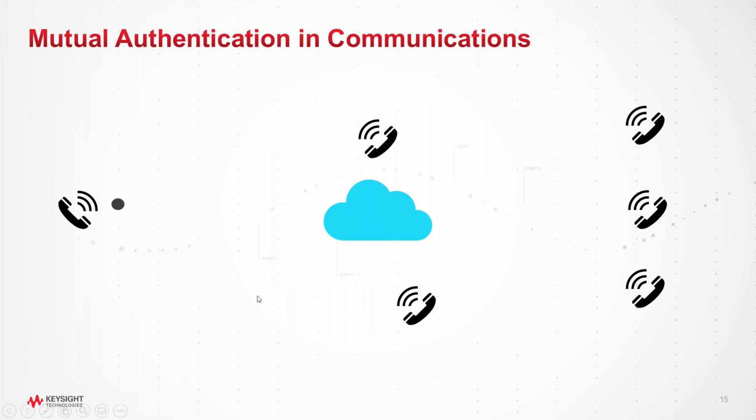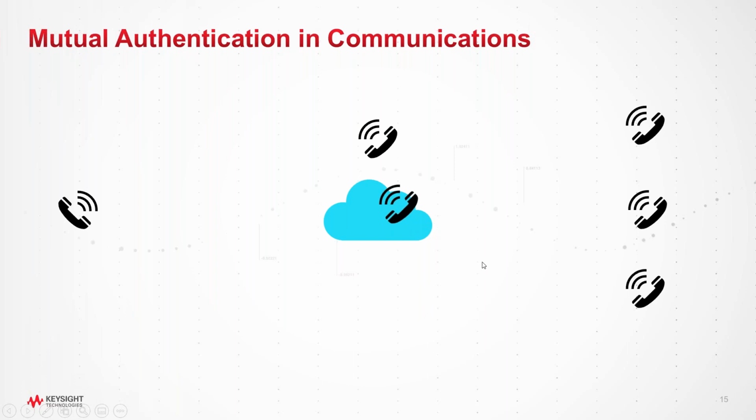If you're sending messages from one endpoint to another endpoint, you want to know that you're speaking to that endpoint and that your messages are, for instance, not going to a different endpoint. That's one issue. So you want to essentially authenticate the endpoint you're communicating with.